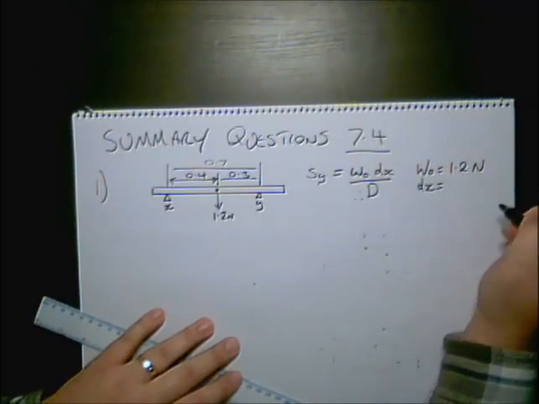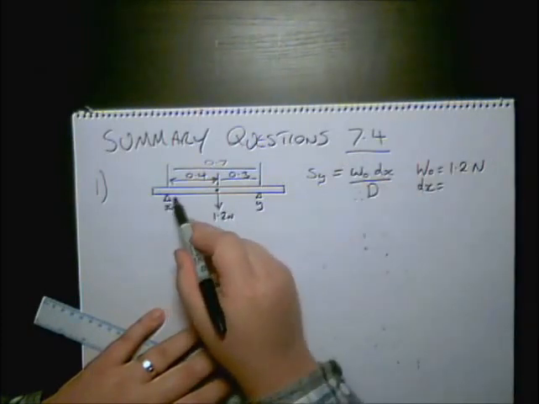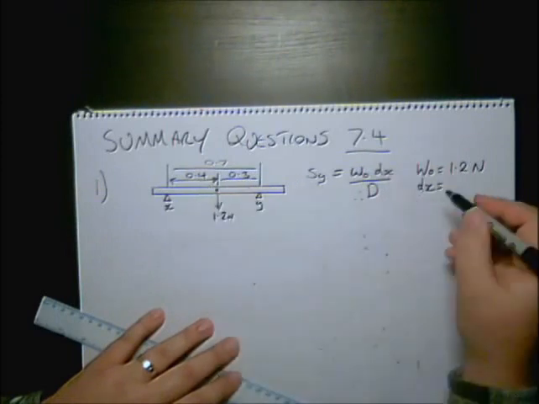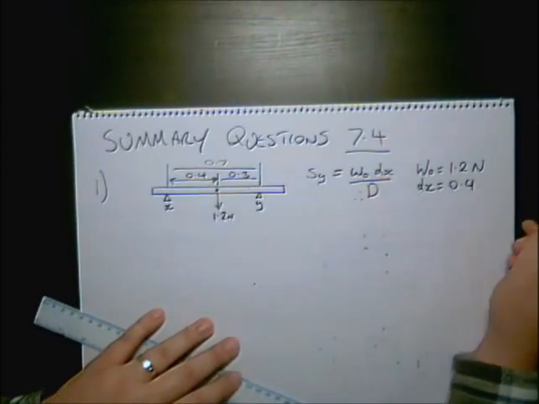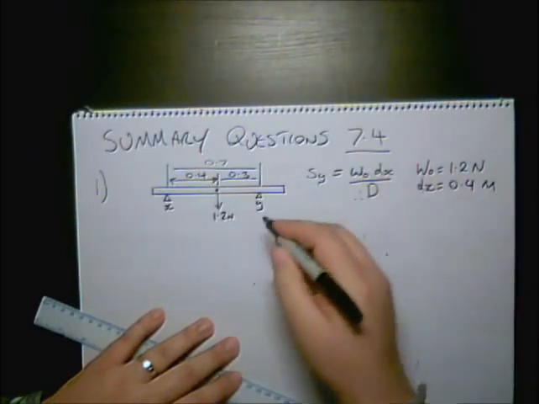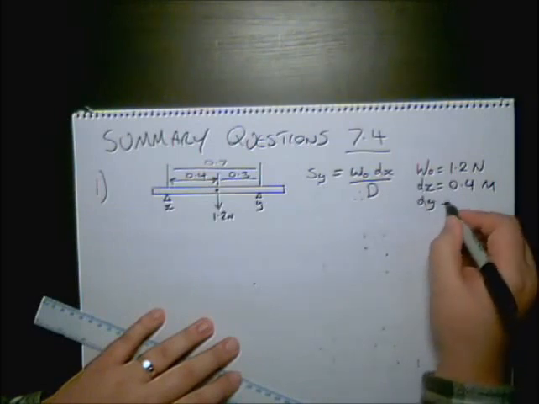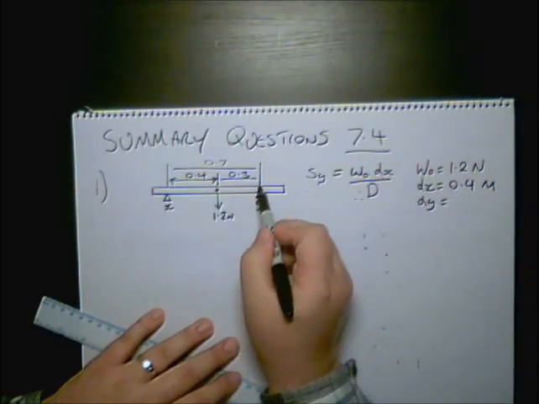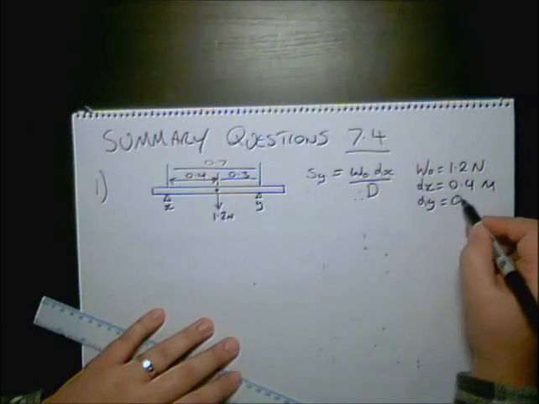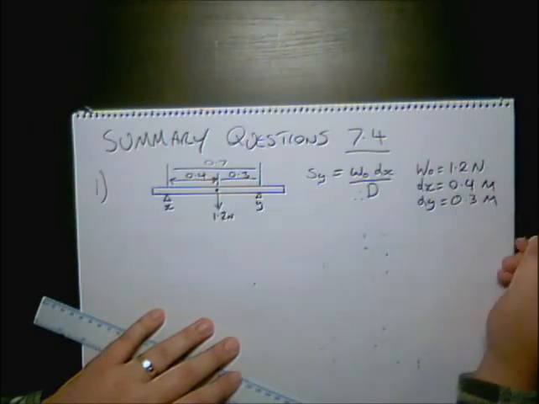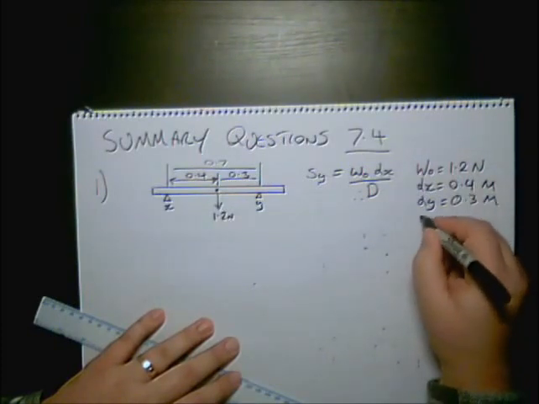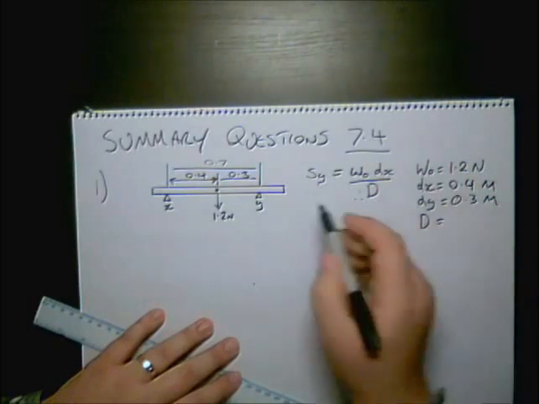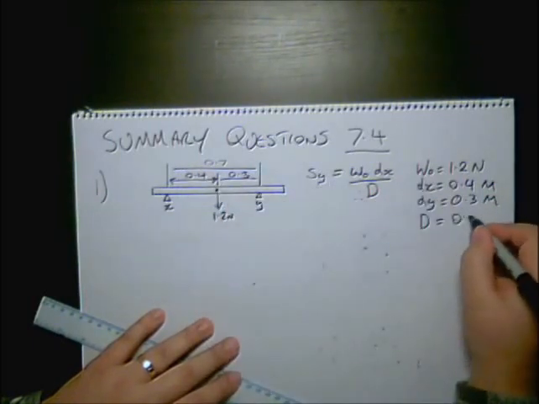Dx is the distance from X to the mass, which will be 0.4 metres. There'll also be a dy, which we'll come across in a minute, and that will be the distance from Y to the mass, which will be 0.3 metres. And then capital D is the distance between the two points, which will be 0.7 metres.